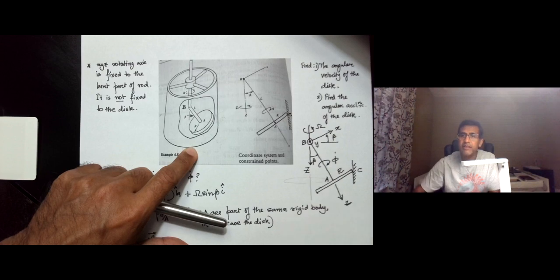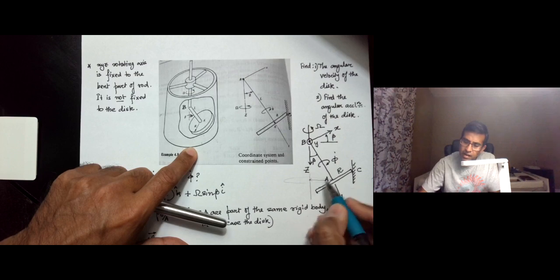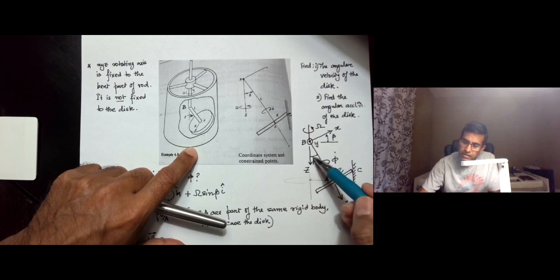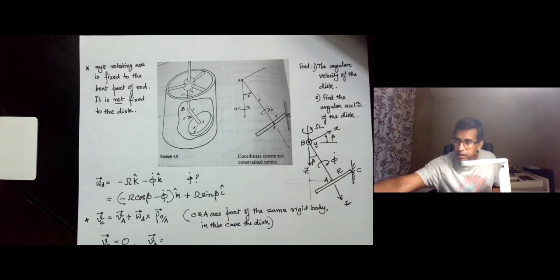This distance is L sine beta, so L sine beta times Omega is the velocity with which the point A is moving.